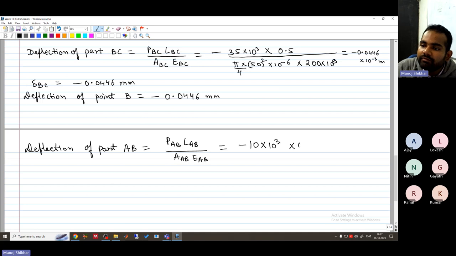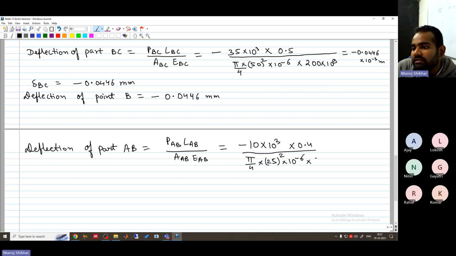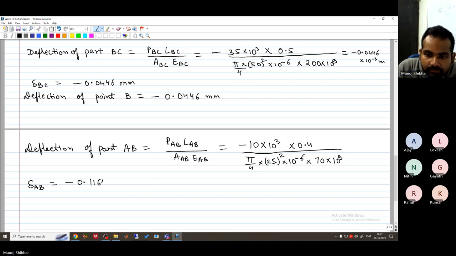The length is 0.4 meters and the area is pi by 4 into 25 mm square, so 25 square into 10 power minus 6. And the Young's modulus is 70 GPa. So delta AB, if you do the calculations, is minus 0.1164 mm. Okay.